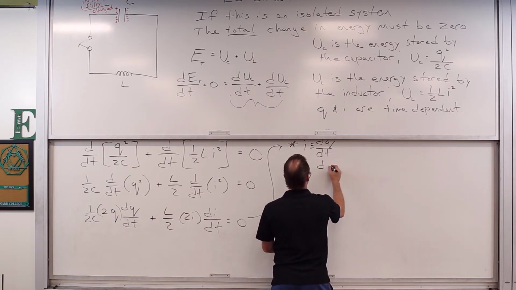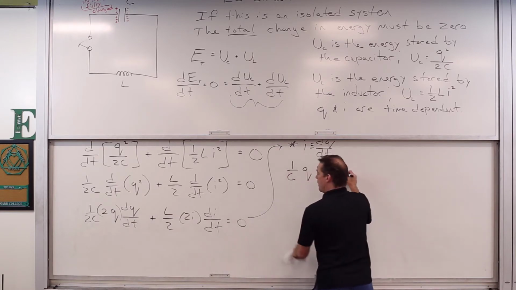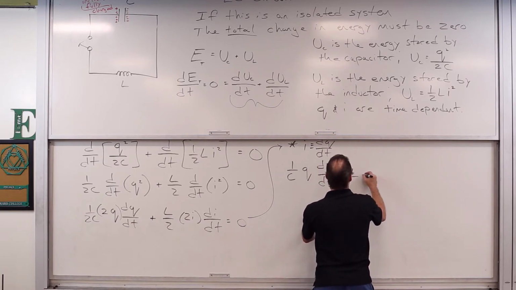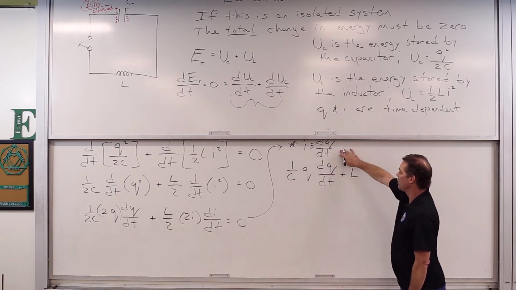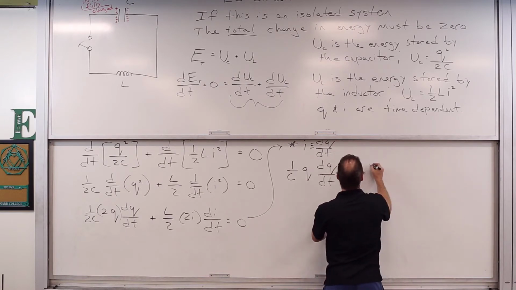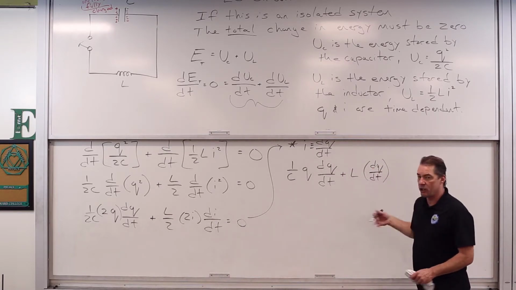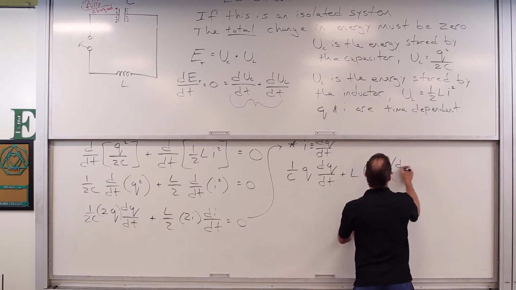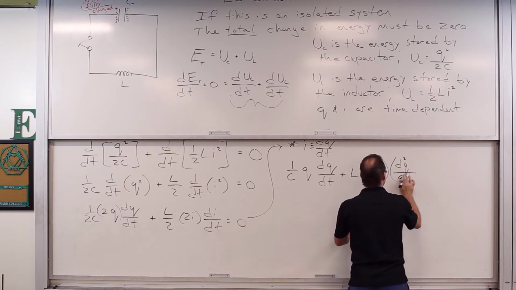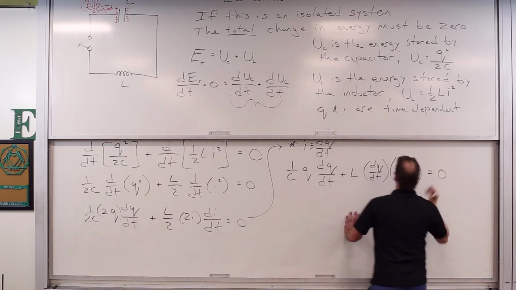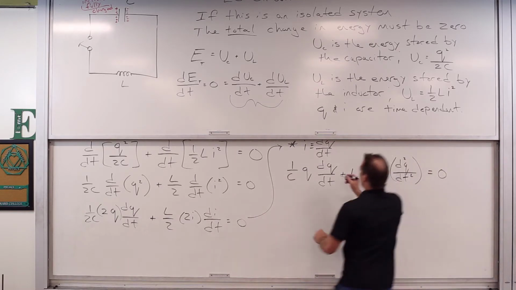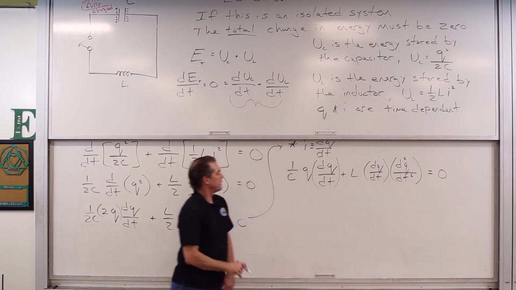Well, I is dq/dt, so I'm going to put that in, and di/dt is d squared q/dt squared. All of it has to be equal to 0. Let's put a little parentheses around that.